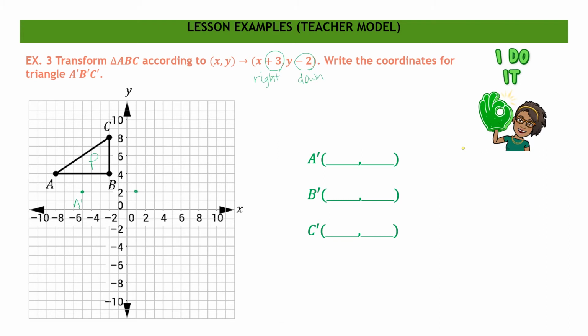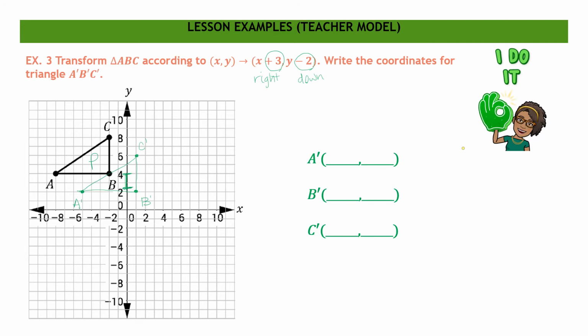So my new point for B, B prime, is there. Next, I'm doing C, so 3 units to the right, 1, 2, 3, and 2 units down, 1, 2. So my new point for C is there, and that is C prime. Okay, so now let's connect our vertices, and that's going to create our image.